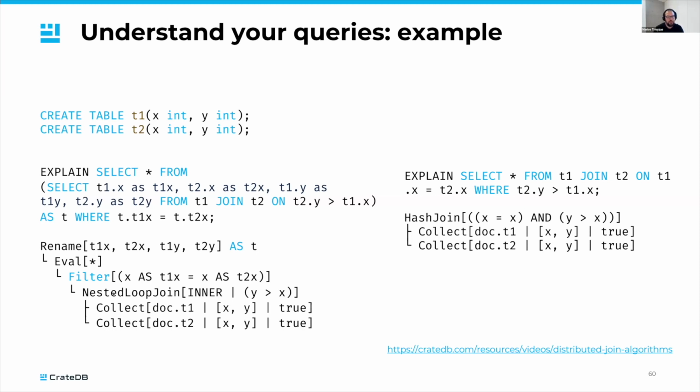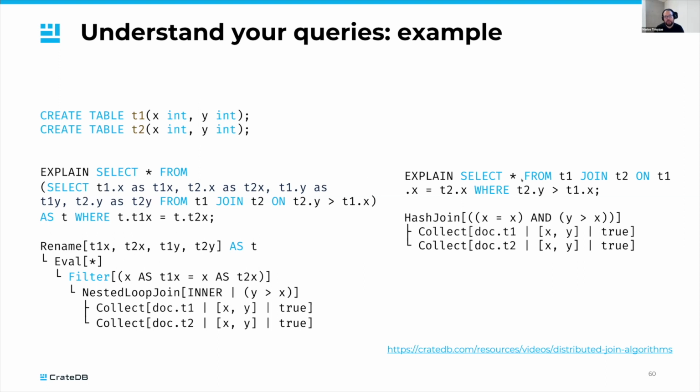Then you have the join operator, in this case a nested loop join. After that, there is some extra filtering because of the where clause. And since we have used aliases for the column names, you also have a rename operator that does that.